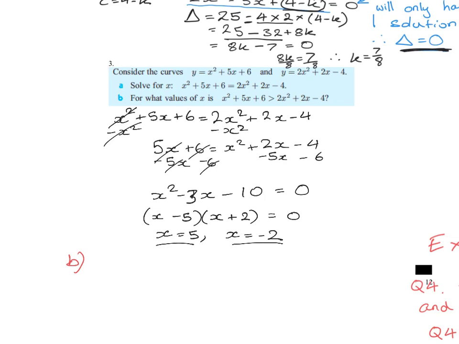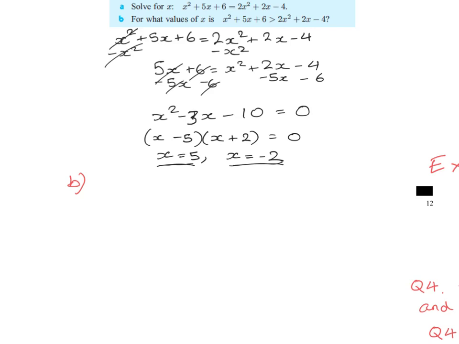Now, we know the values that they're equal to. That's when x equals 5 and x equals negative 2. But now we want to know when x squared plus 5x plus 6 is bigger than 2x squared plus 2x minus 4. Now, I want you to think about that for a second.